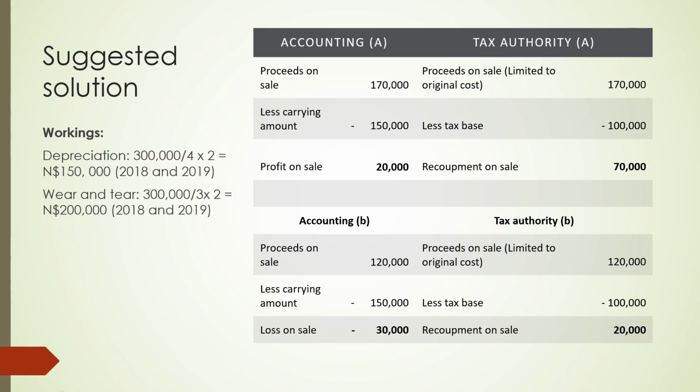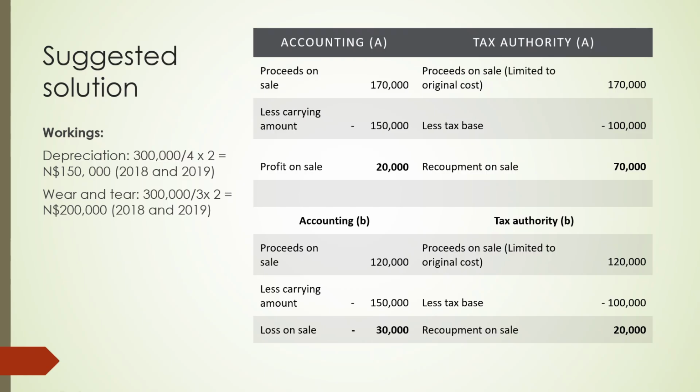We then take the cost of 300,000 minus the accumulated depreciation of 150,000, which gives a carrying amount of 150,000. If we take the proceeds of 170,000 minus the carrying amount of 150,000, the profit on the sale of the asset will be 20,000.